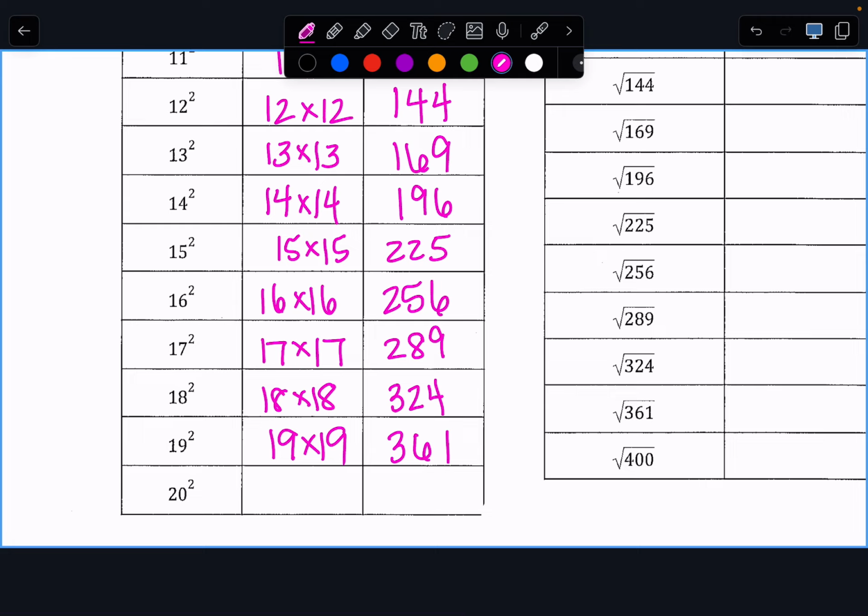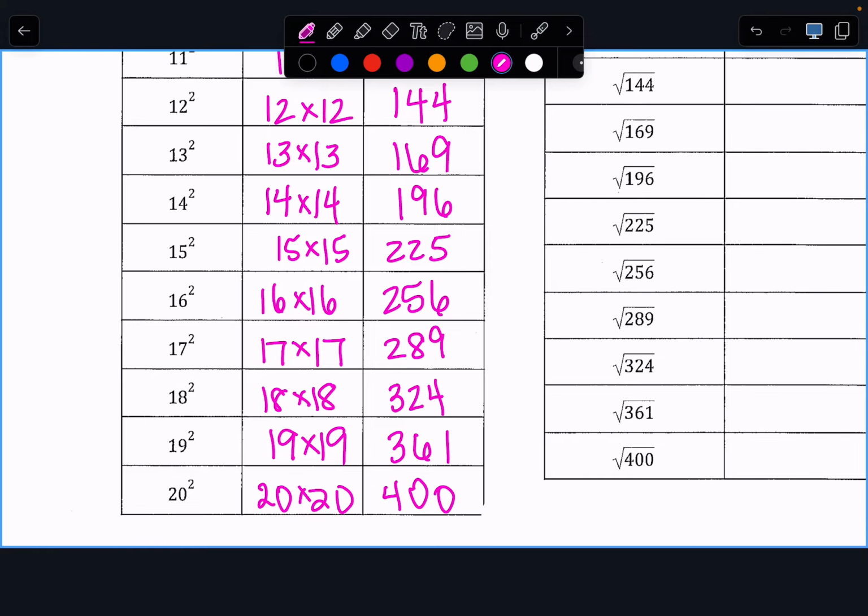And then 20 times 20. Okay, 2 times 2 is 4, and then we have both of those zeros. We get 400. Okay, these are numbers I need you to be familiar with.